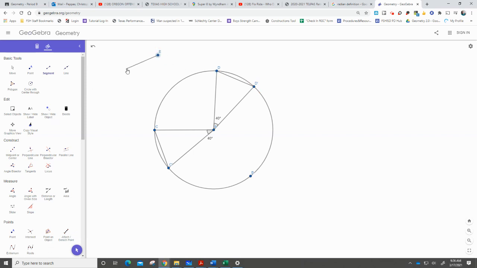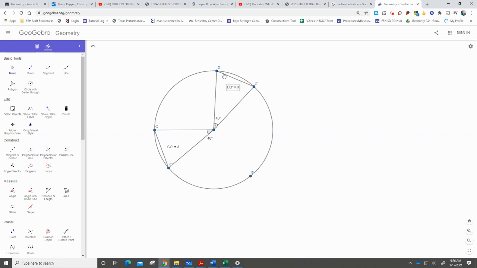And if we were to measure these things, from C to C prime is going to have a length of 3. From D to D prime also has a length of 3.